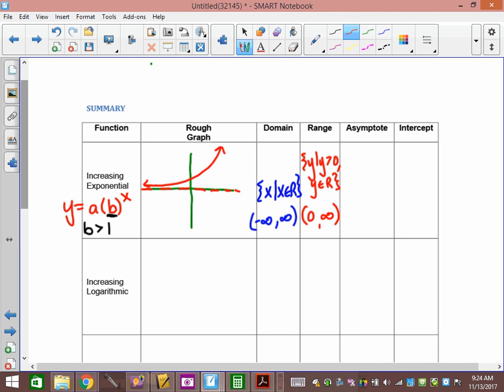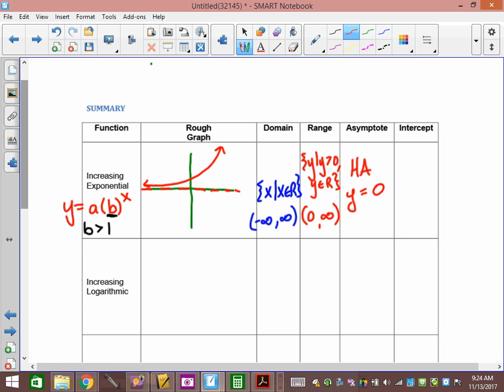What kind of asymptote do I get? Horizontal or vertical? Horizontal asymptote, and this one in particular is at y equals 0 because the x-axis is y equals 0 and the y-axis is x equals 0. And do I have any x-intercepts in this case?